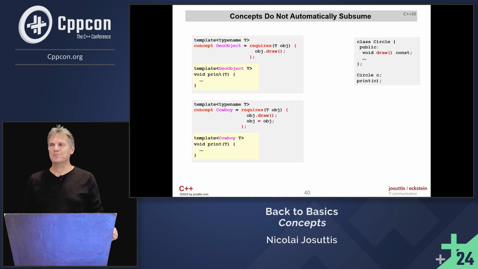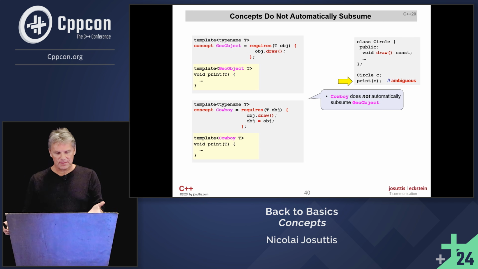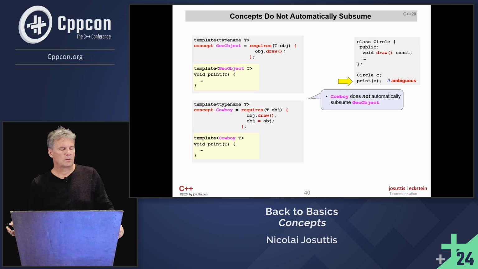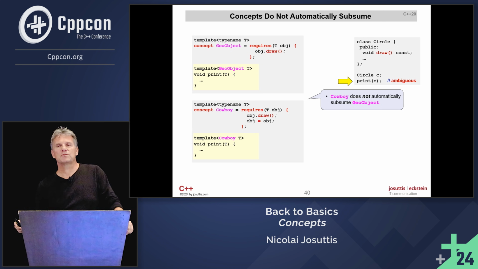This might be true in some computer games, but not in general. So the fact that we don't automatically subsume means that the print call here now gets ambiguous, and that is what we want. We now have a print for cowboys and a print for geometric objects. That's an issue to solve.